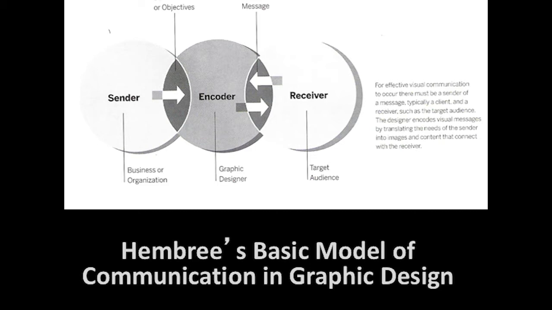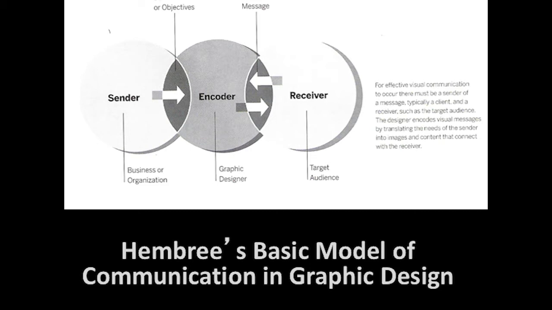If we look at Ryan Hembree's basic model of communication in graphic design, he breaks it down in this very simple way, which I like. His little three circles. You have the sender, the encoder, and the receiver. As this little screen capture from a textbook says, for effective visual communication to occur, there must be a sender of a message, typically a client, and a receiver such as the target audience.